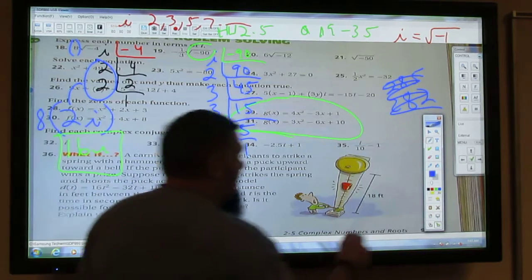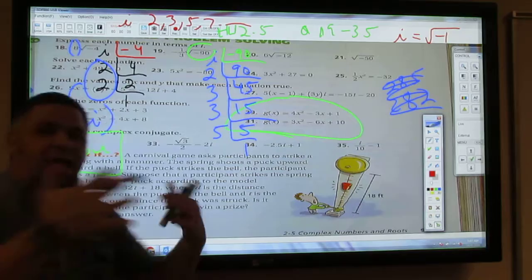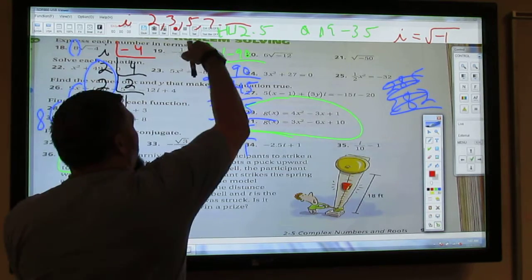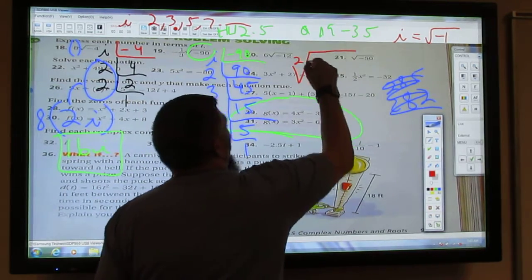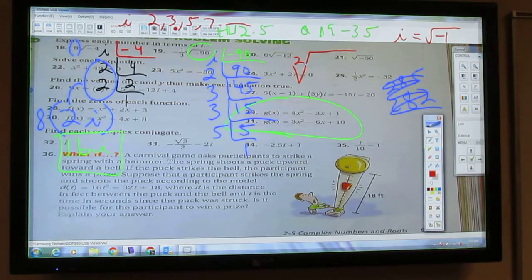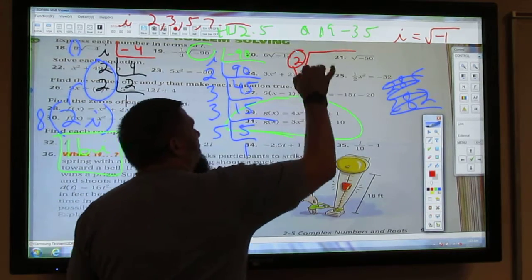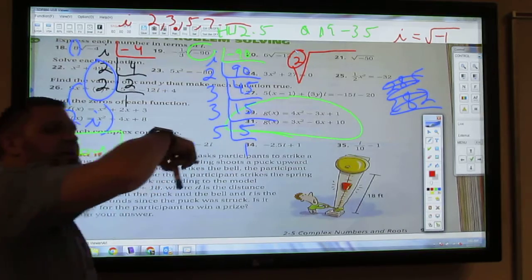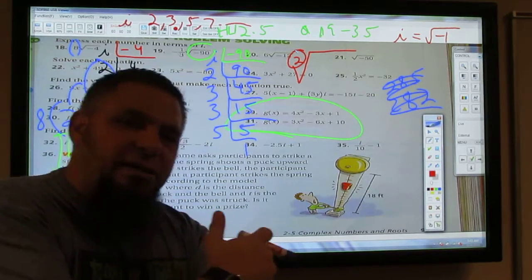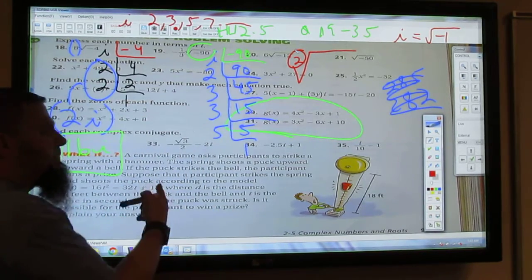Now the whole key here is trading out, because this is a square root. Remember, a square root has a hidden 2 in it. We're trading 2 inside the box for 1 outside the box. So I just look for pairs.